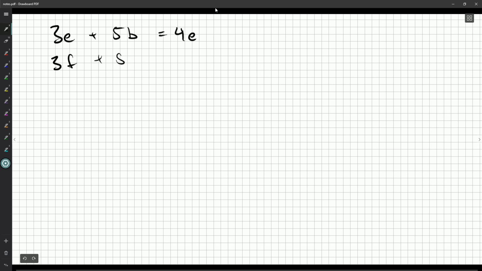And 3F plus the other side, 5C, has got to be equal to 4F. So 5B is equal to E, and 5C is equal to F.